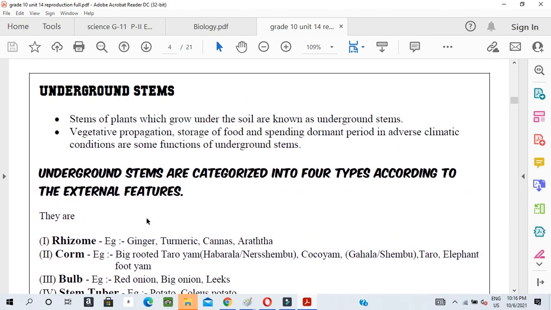Thereafter, you are asked a question: what is the importance of underground stems? Vegetative propagation can be performed with them. They are important in spending dormant periods in adverse climatic conditions. Two benefits: one, vegetative propagation; second, spending dormant periods in adverse climatic conditions.